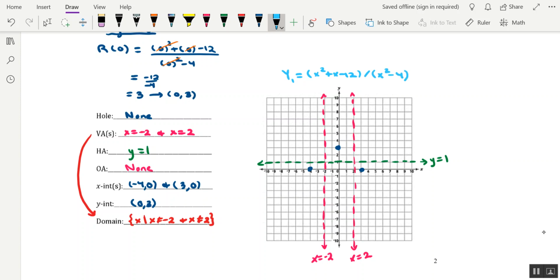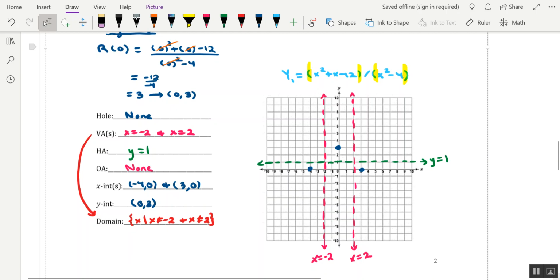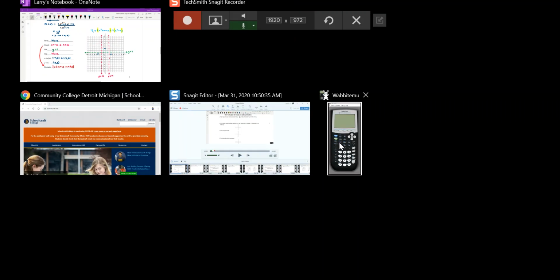Make sure that you use those parentheses, otherwise your graphing calculator is going to give you a graph that looks different than if you were to use the parentheses. Okay, so here's my graphing calculator.